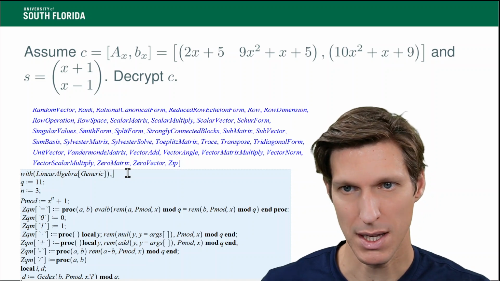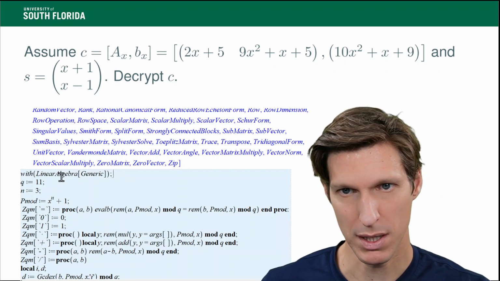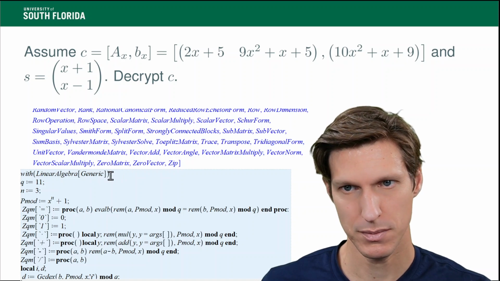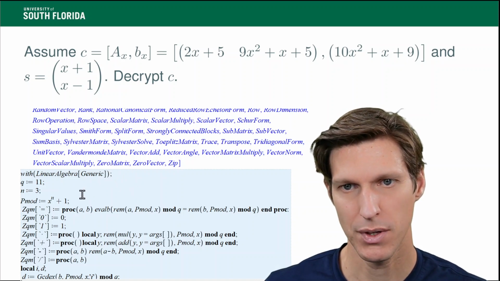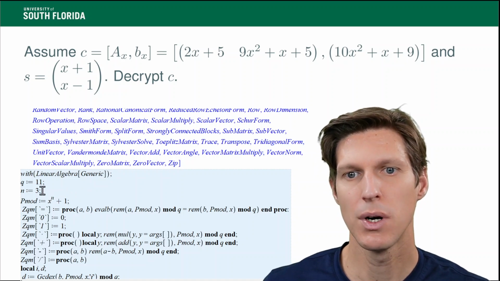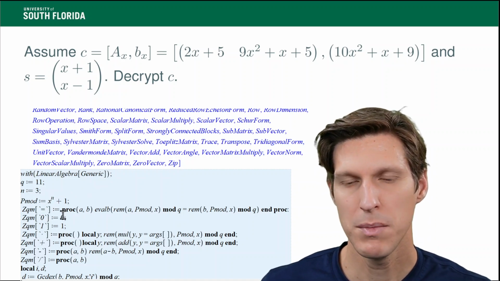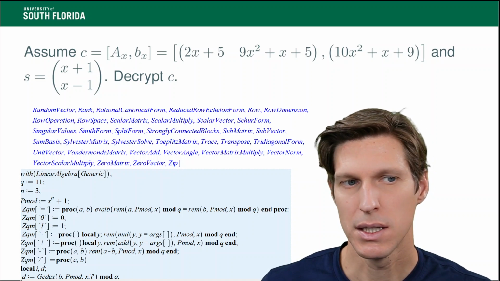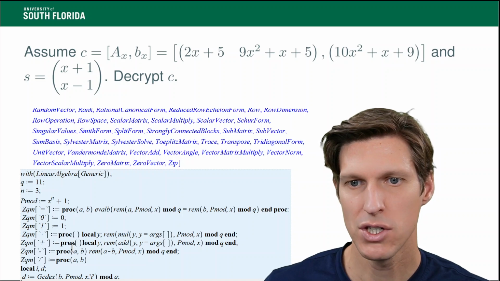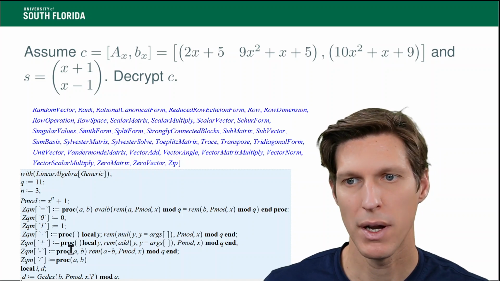It can do linear algebra with that ring, but we need to first load what's called LinearAlgebra generic, and then define what it means to add and multiply, what the unity is, and what division of polynomials mod x to the n plus 1 is.